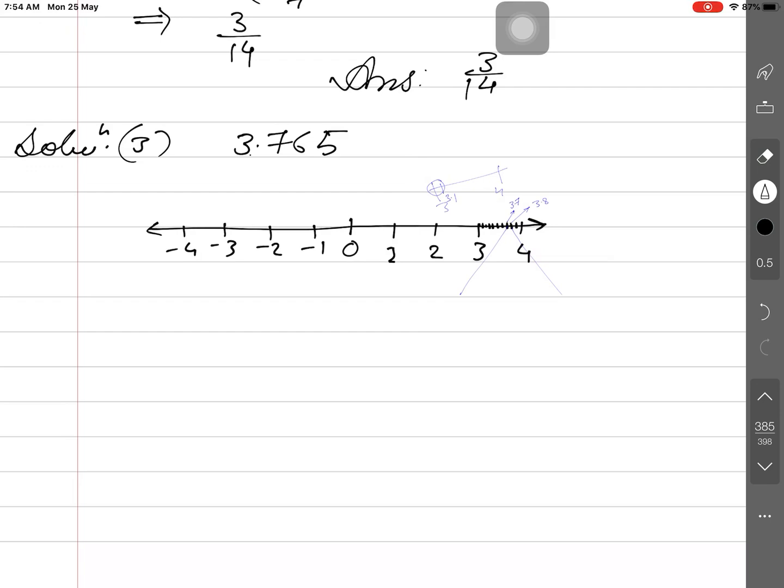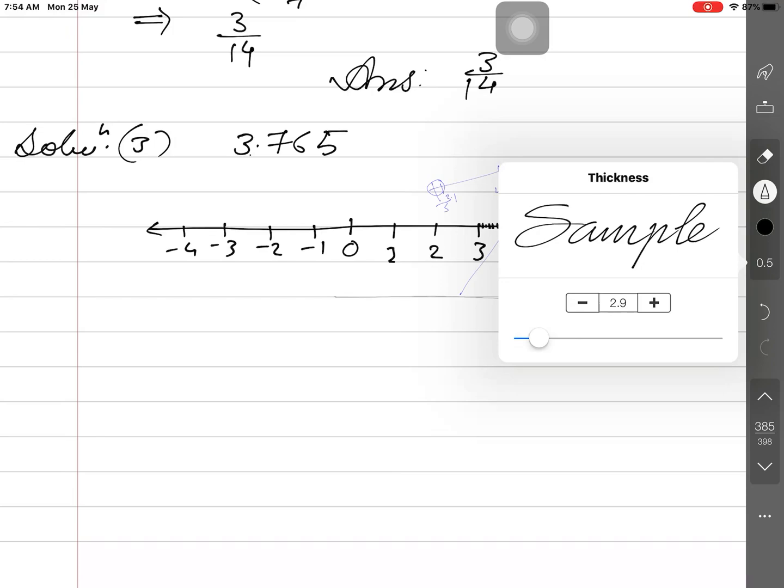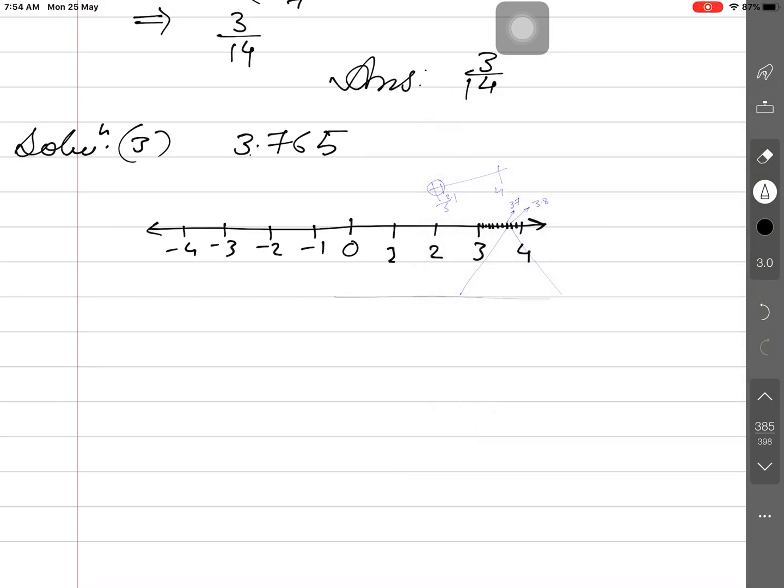So have a look. It's called the successive magnification method. This is 3.7 and this is 3.8, and further this is to be divided into 10 equal parts: 1, 2, 3, 4, 5, 6, 7, 8, 9.